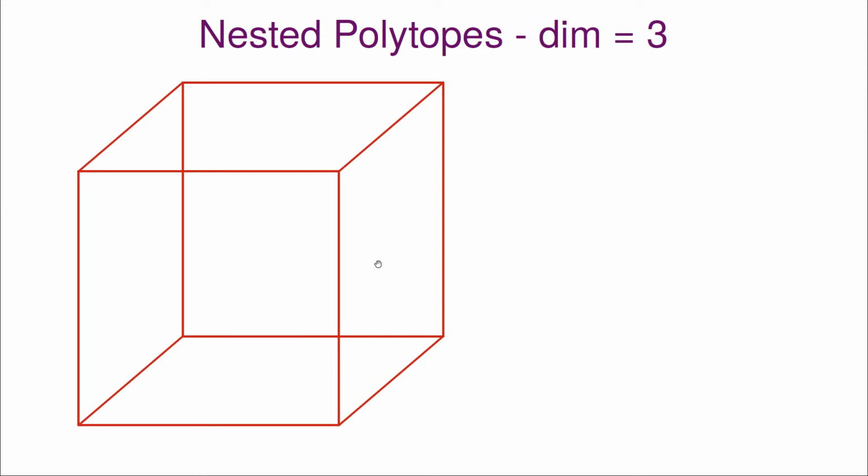We can have the nested polytope problem also in higher dimensions. Let's have a look at an example for dimension 3. Here the outer polytope would just be the cube. The inner polytope would be the convex hull of these blue points. So the inner polytope is given by its vertices, and we're given the number 5.